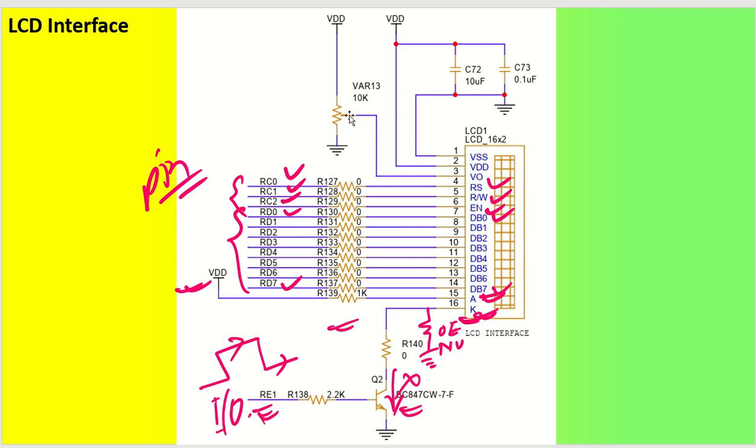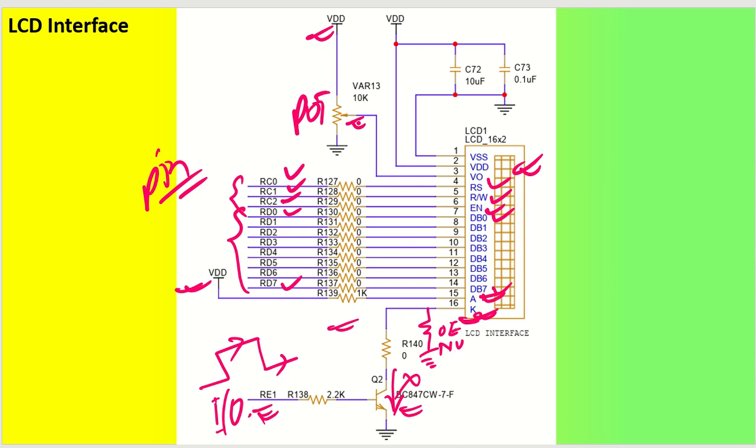Now we have one contrast pin, which is the VO pin. The VO pin is connected to a potentiometer. This potentiometer is powered by the VDD supply voltage, and based on the contrast need, you can set this potentiometer at the required resistance level. Whenever your eyes feel this is good contrast, giving a good picture of the characters, then you can keep that value permanently.